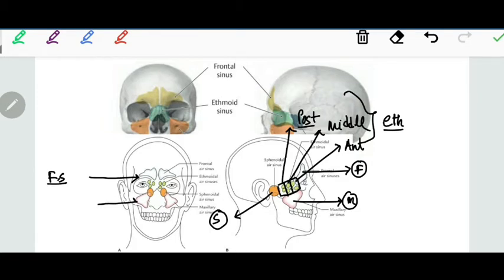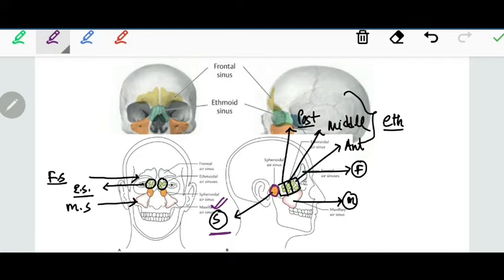The maxillary sinus lies below the orbit. The ethmoidal air sinuses are present medial to the orbit, and the sphenoidal sinus is present behind the orbit.